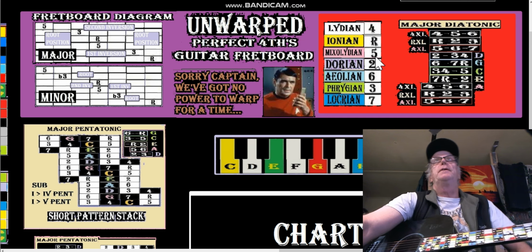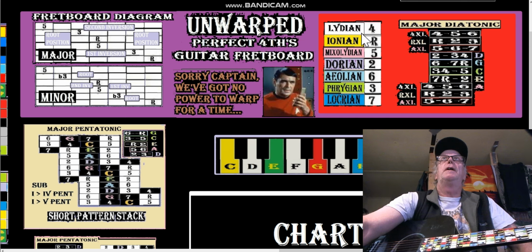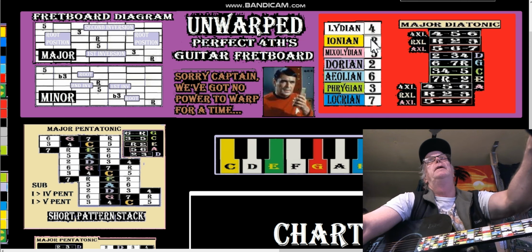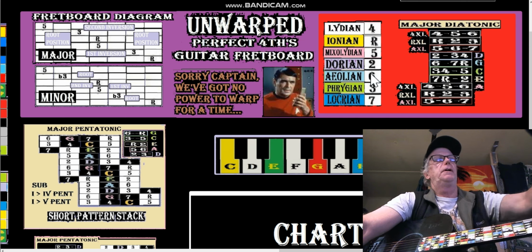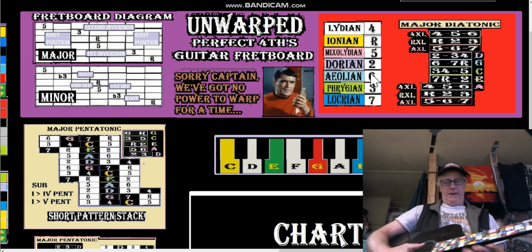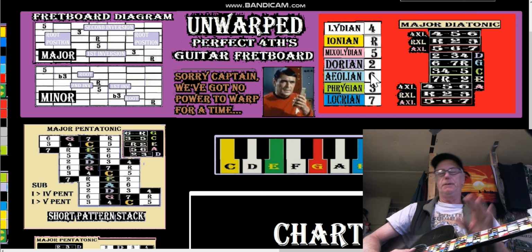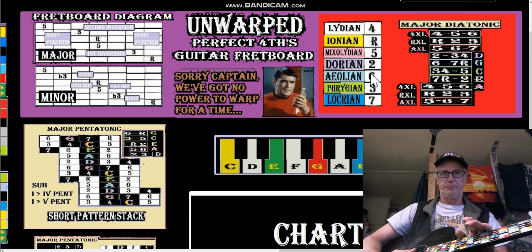So this is valid only if you follow the root diatonic scale. Of course, Ionian follows the root diatonic scale. Aeolian 6. So that's important to remember, but don't look at it as something that's a limitation. Look at it as the positive side of it. When we're playing in the root mode, we can play the diatonic anywhere.